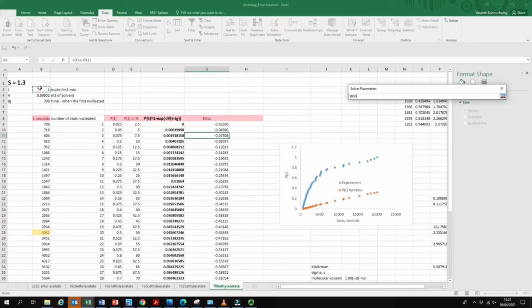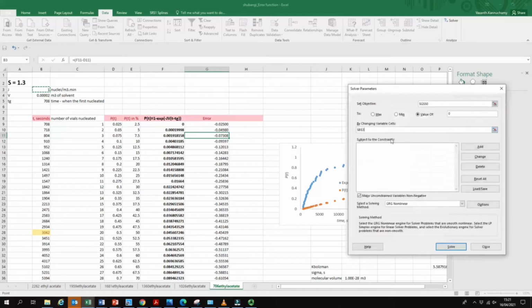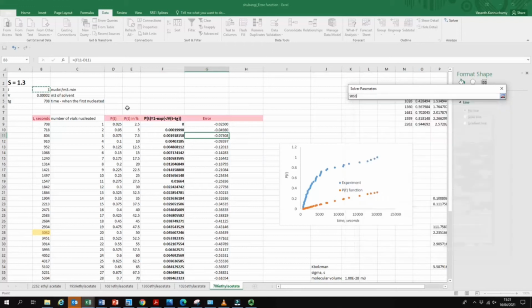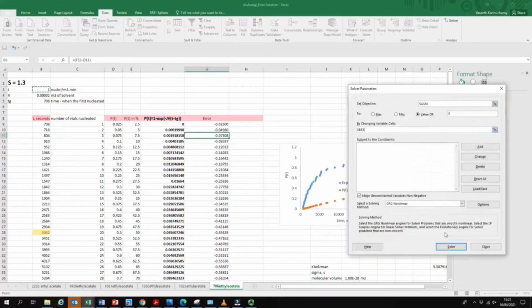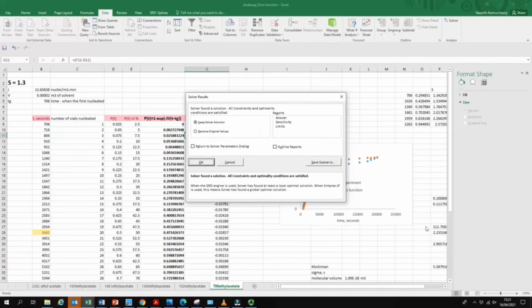We are asking the Excel sheet to perform a series of iterations, changing the j value until the error distribution between the real experimental data and the predicted function, which is p of t, almost matches the experimental value. So you select the j value to change, and then just press the Solve button.